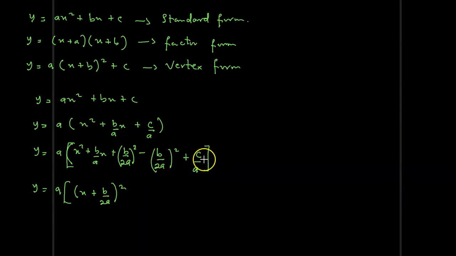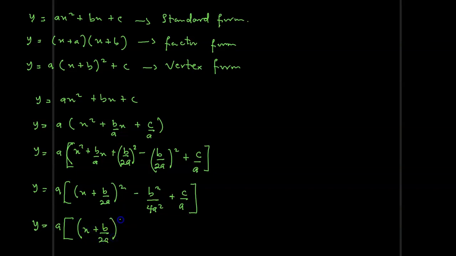Then considering the expression here, we are going to have it as minus b squared over 4a squared plus c on a. We can regroup this and then also have it as y equal to a into a square bracket x plus b over 2a all squared, then plus c on a minus b squared over 4a squared.